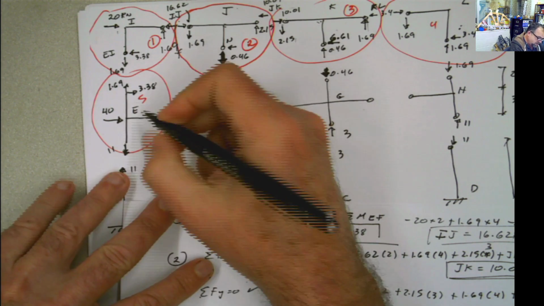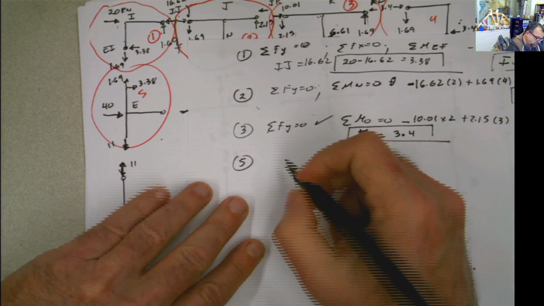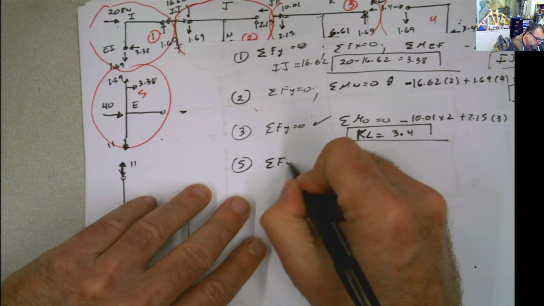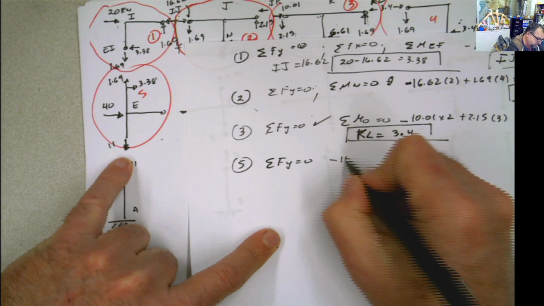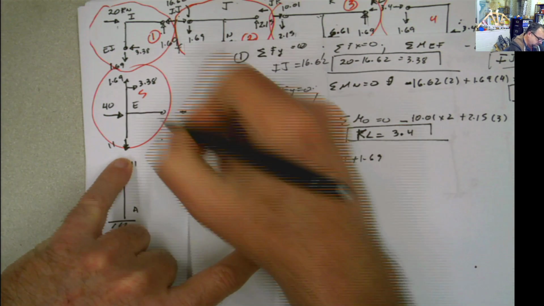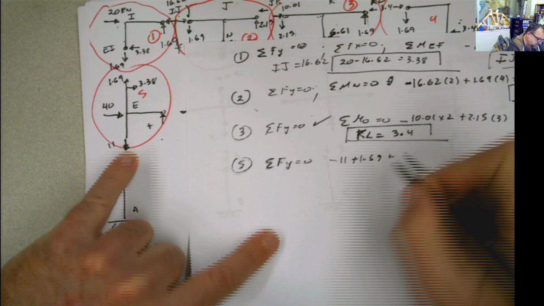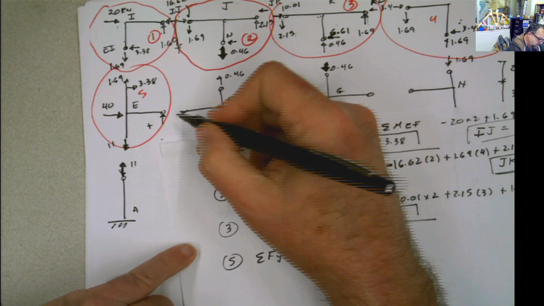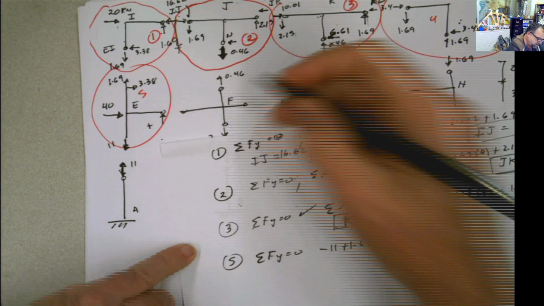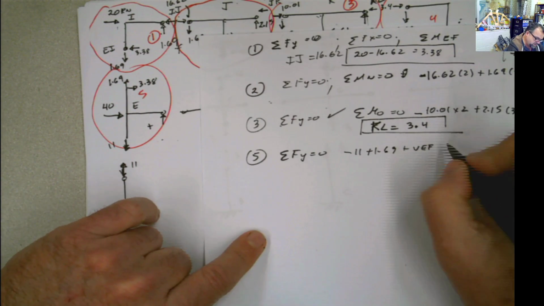This is 11. Summation of forces in Y. If you go to 5, you don't have to copy this every time, but if you go to 5 and say summation of forces in Y equals 0, what do you have? You have negative 11 plus 1.69 plus whatever that value is, the vertical shear EF, equals 0.